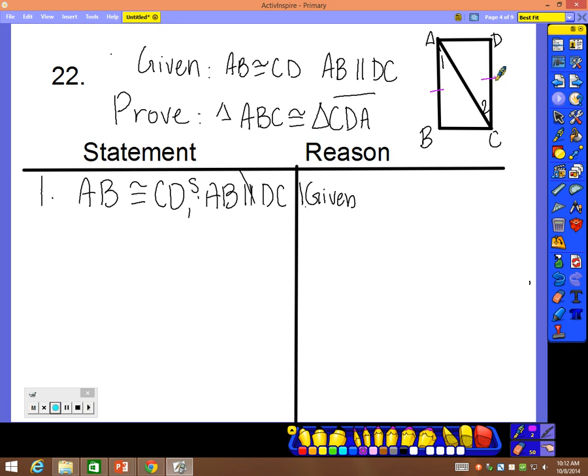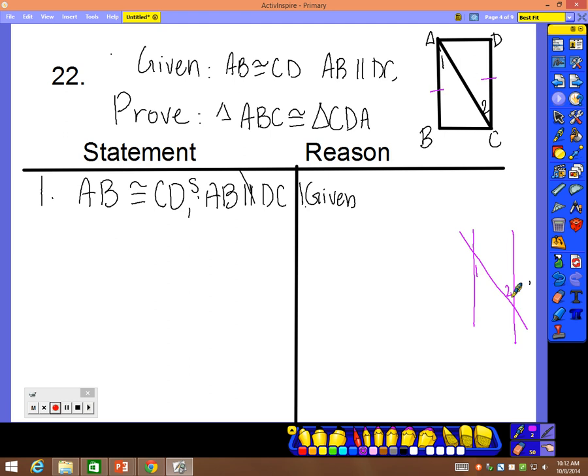So my first step is this, that I recognize that. But let's talk about this AB being parallel to DC. I'm going to draw AB and DC over here just so I can see it. And it looks like that line AC is a transversal. And if these two lines are parallel, then I know that these two interior alternating angles would be congruent.